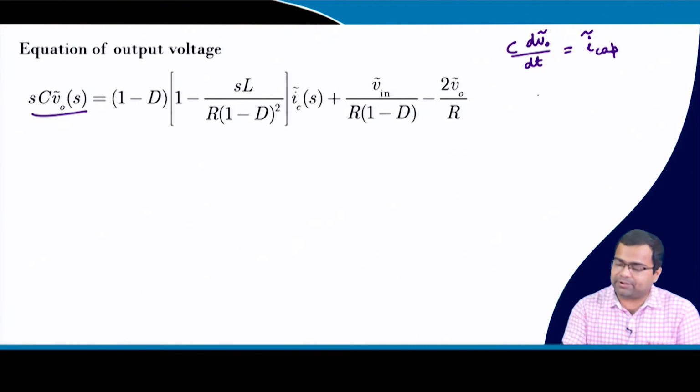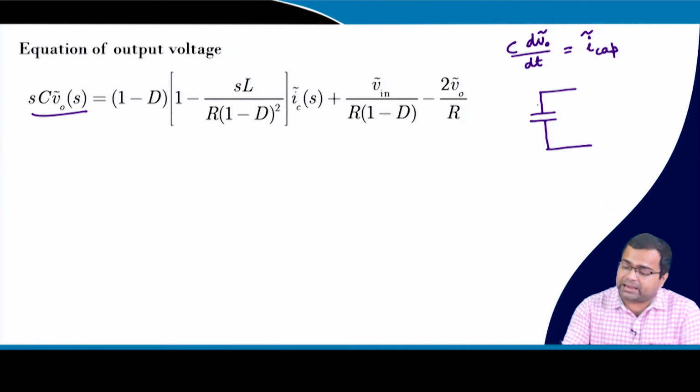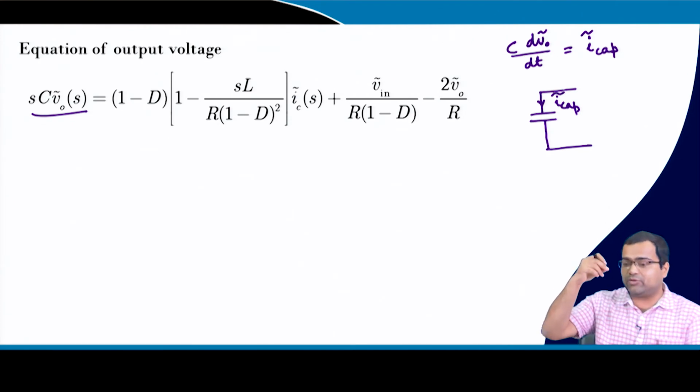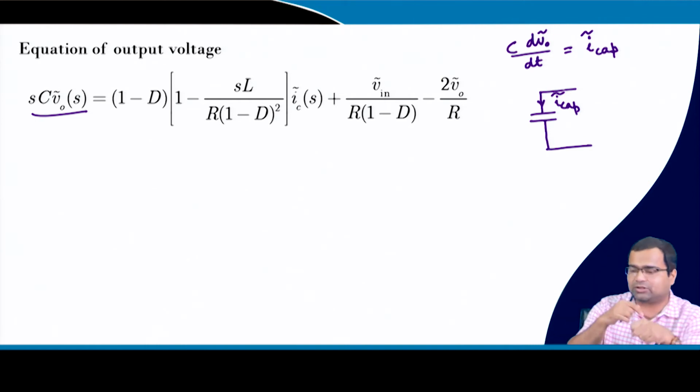And if we recall the capacitor current of a buck converter or any DC-DC converter, how many components does it have? I am taking the capacitor current to be positive when it is going in, because we need to give a sign to the direction of the current.